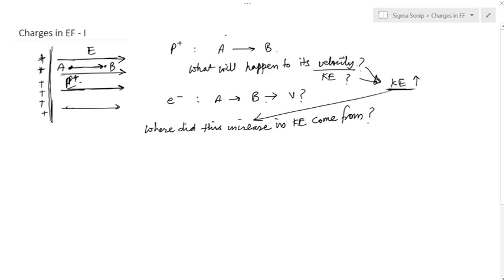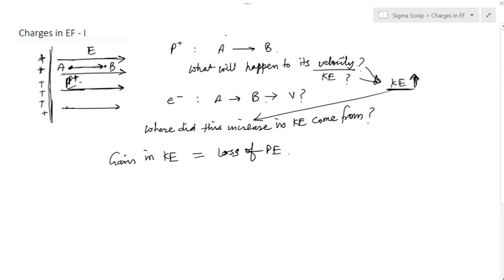So the only way this particle's kinetic energy increases is if some sort of potential energy is lost. We know that energy cannot be created, so we can say that gain in K has to be equal to loss of P.